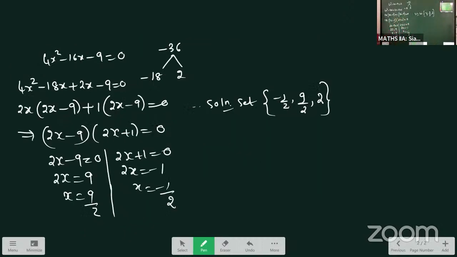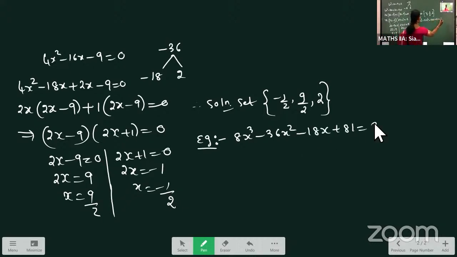There is one more question in this. I will write the question so you can practice it. Example question for when roots are in AP: 8x³ − 36x² − 18x + 81 = 0, given that the roots are in AP.